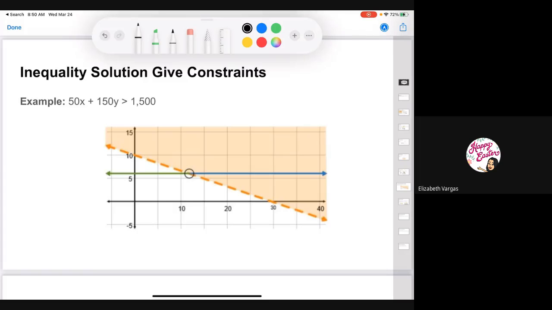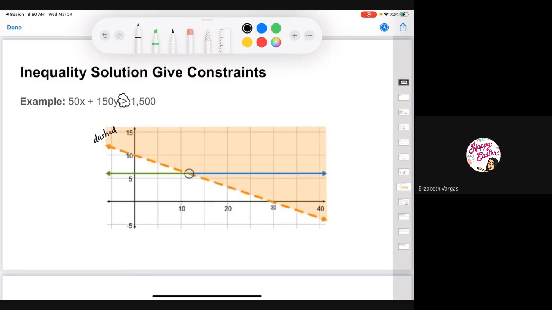Well, what you can actually do is you can graph this inequality. And again, we would use a dashed line. Why would we use a dashed line? Because we have this symbol right here, and it doesn't say or equal to anything. It just says that we want more than $1,500. So we use a dashed line.